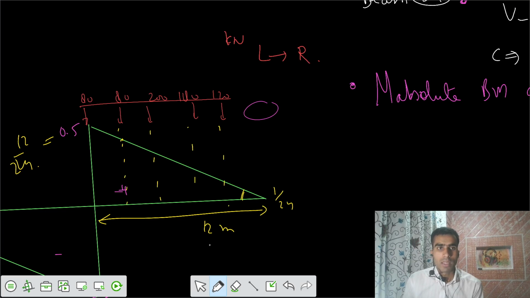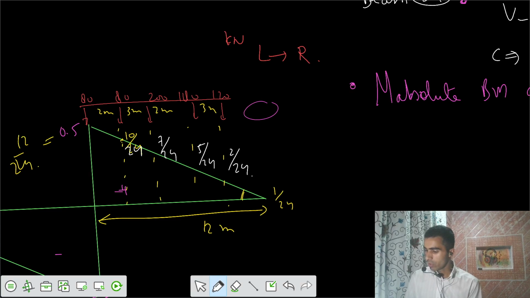I would say the length is 2 meter, 3 meter, 2 meter, 3 meter. So ordinate here would be 12 minus 2, that's 10 by 24. This one is 7 by 24. This one is 5 by 24. This one is 5 minus 3, that's 2 by 24. We have these ordinates.